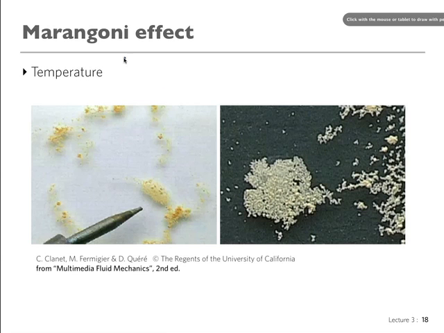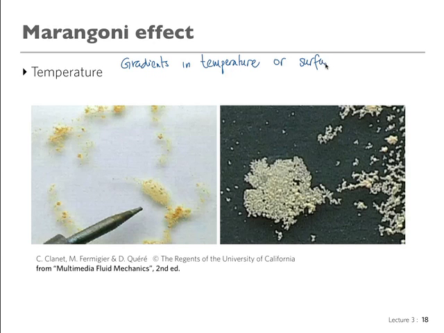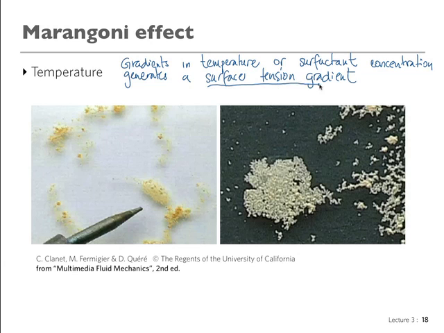Gradients in temperature or surfactant concentration generate a surface tension gradient which causes flow from regions of low to high surface tension.